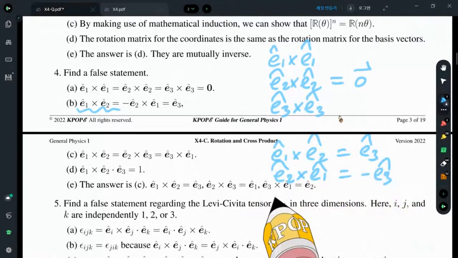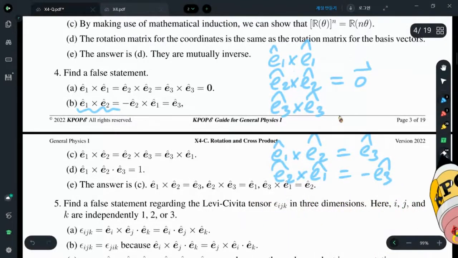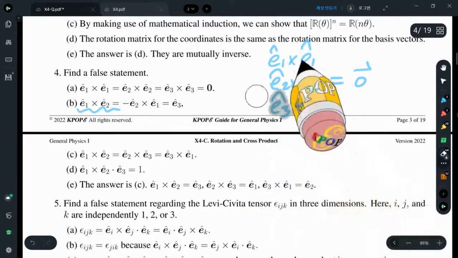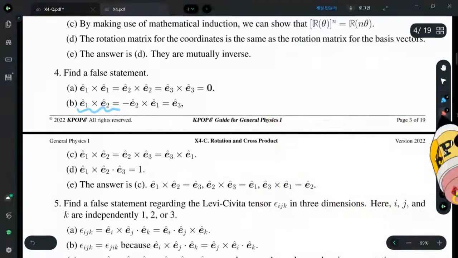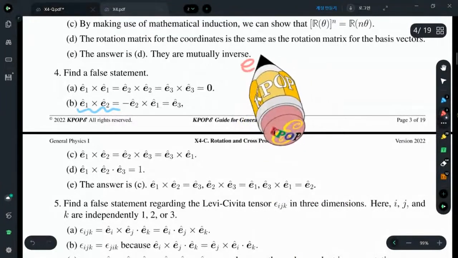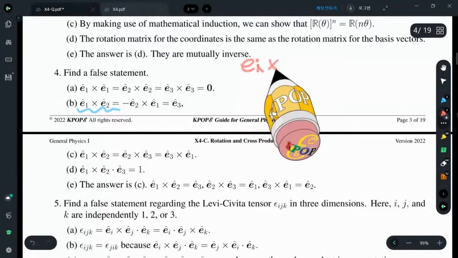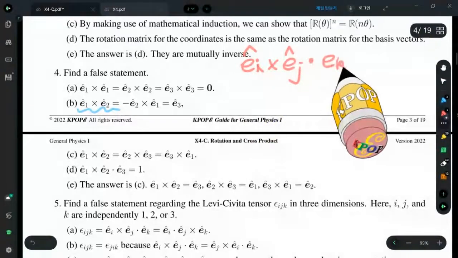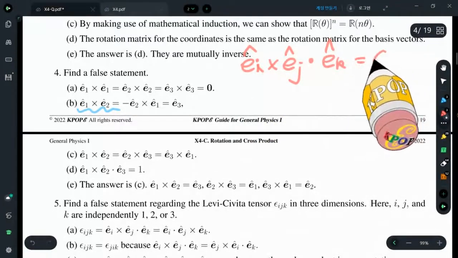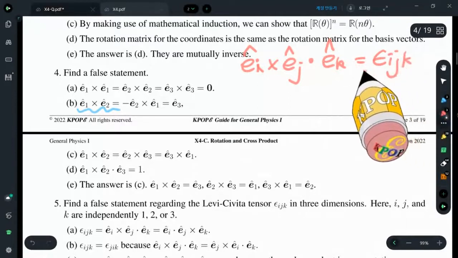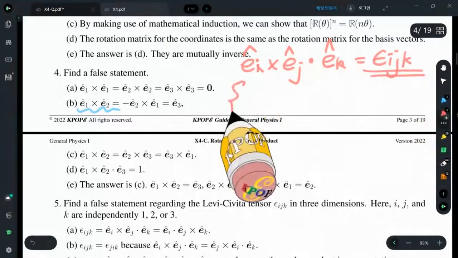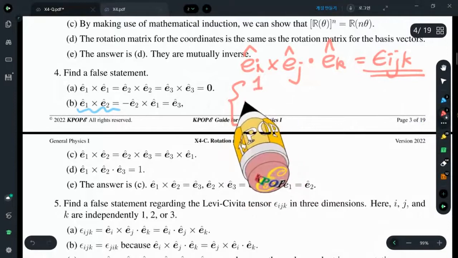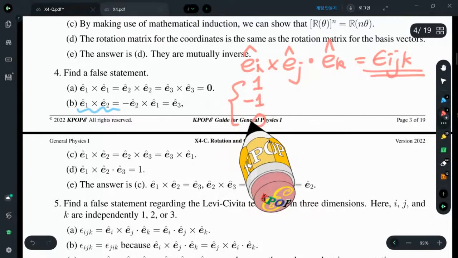That's the reason why, if you listened carefully, you should have noticed that Ei cross Ej, scalar product Ek, this one is epsilon ijk, and this one is a number: 1, minus 1, or 0.